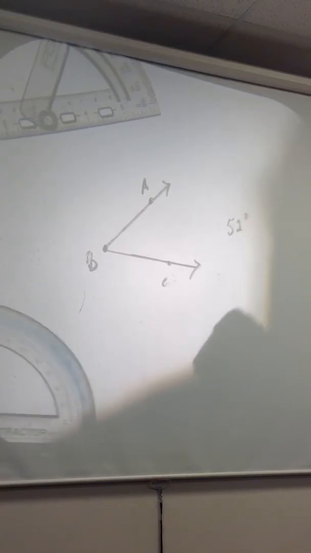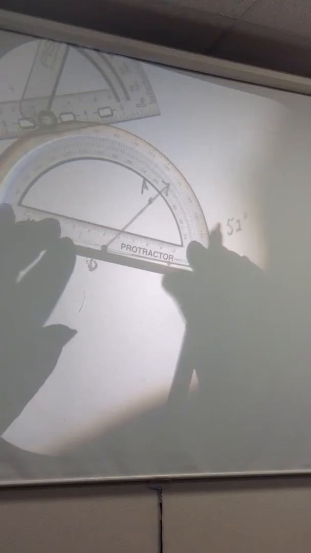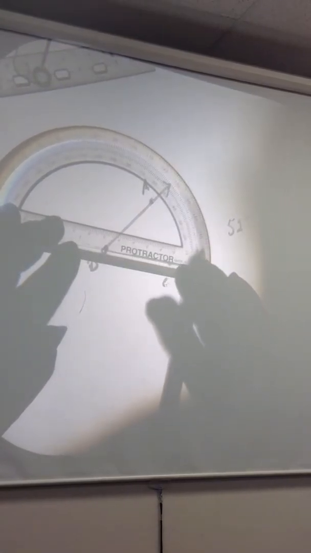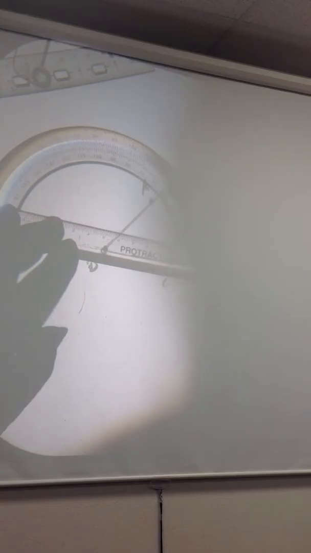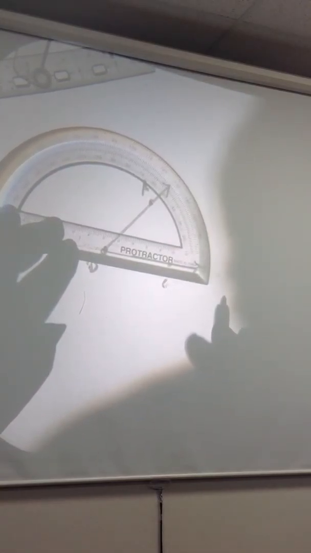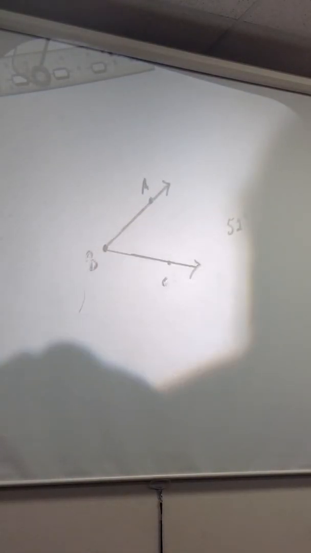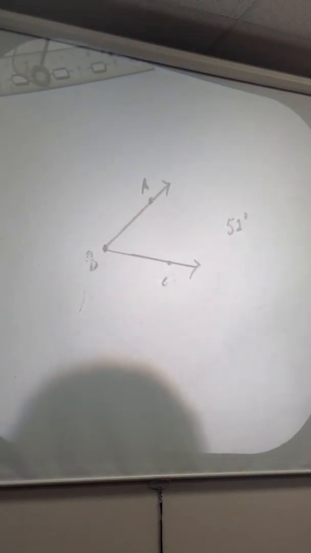Okay, now let's see if this one measures the same. We put that there. Now this time we don't have that nice little pointer thing, so we have to carefully go along, but it still looks like it's 52 degrees. That's good. Those protractors are the same. That one lost its handy dandy little stick. Somebody broke it off.